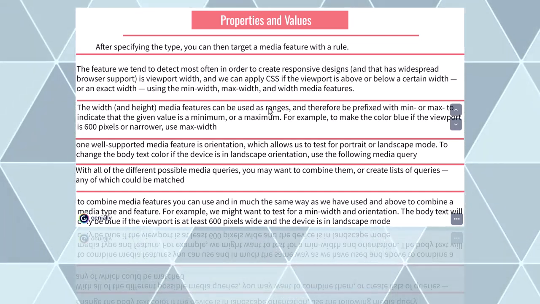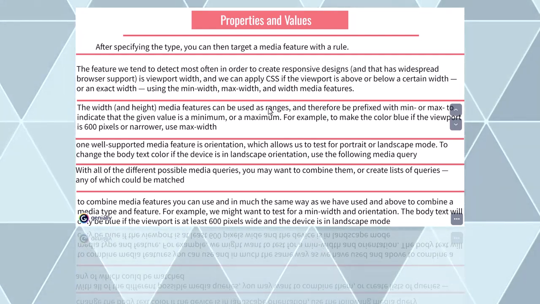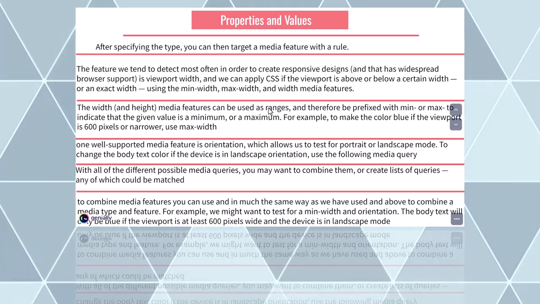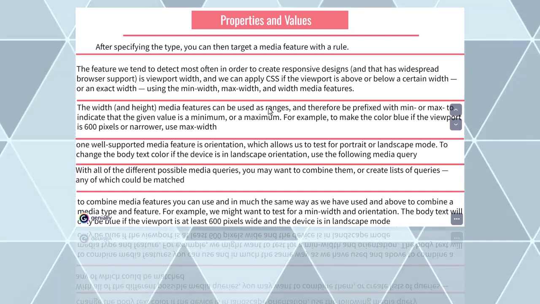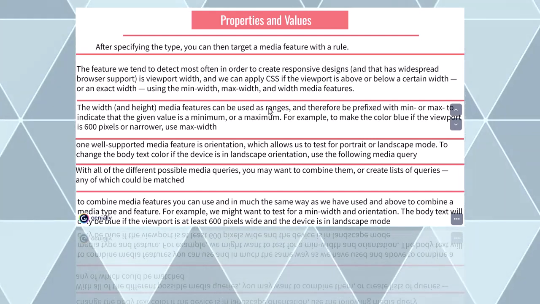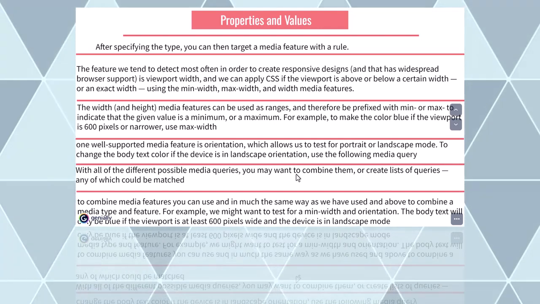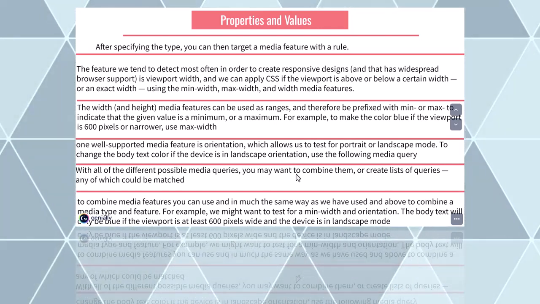Is there anyone who can just cement that explanation by Cindy? She just explained everything, but I just need one more stone on it. That's when you use the minimum width or max width and you maybe put in 600 pixels.